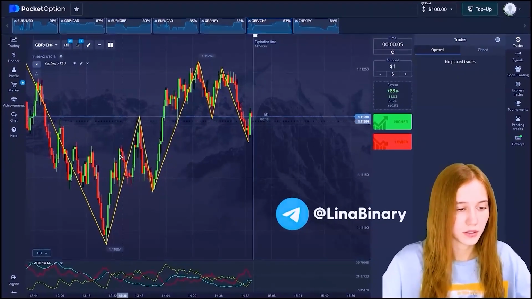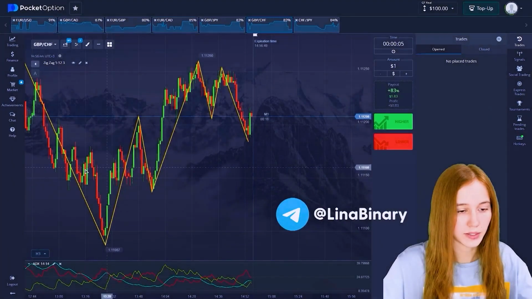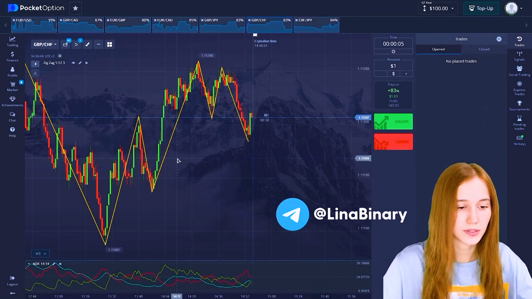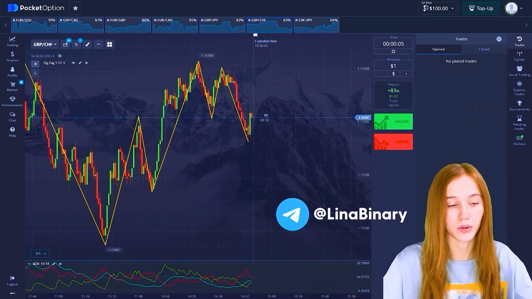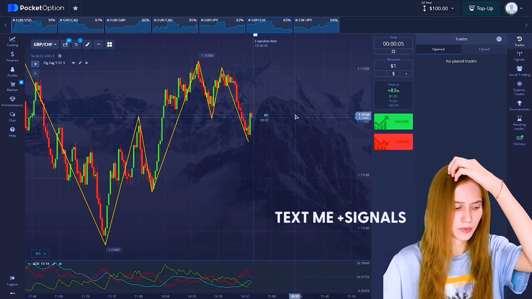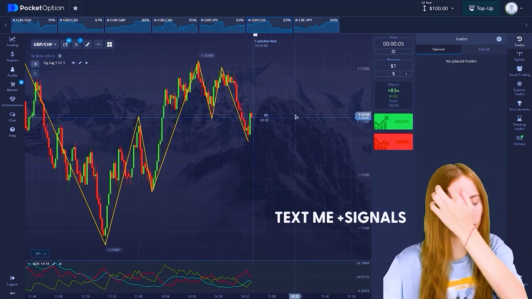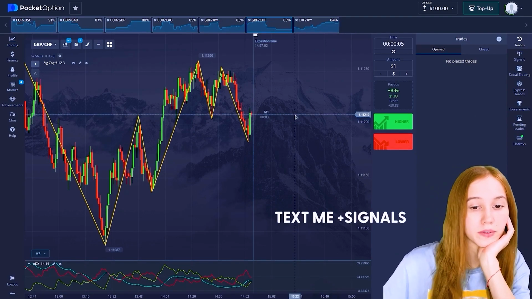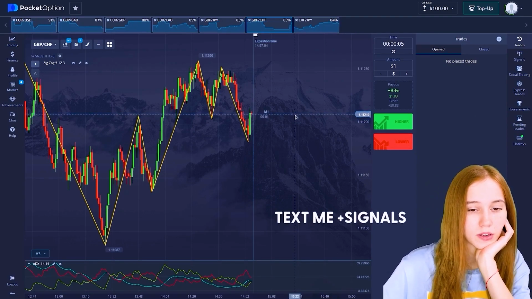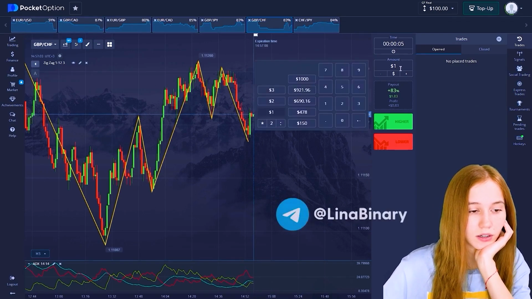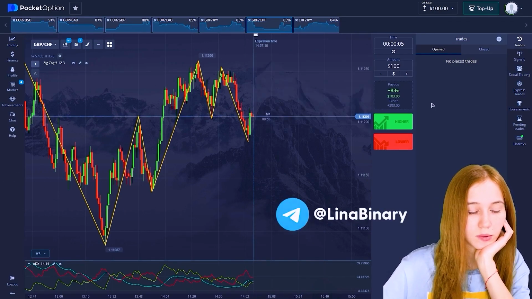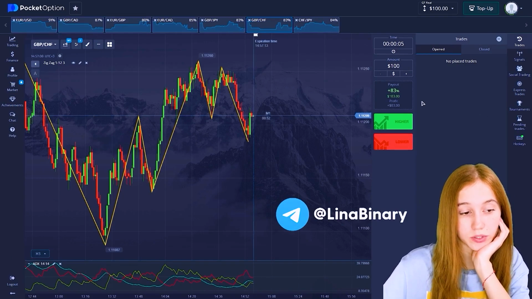So let's start on our workspace. First, we say today we'll trade with 100 dollars. We start with this sum, our starting balance. The amount of each deal will be 100 dollars also.